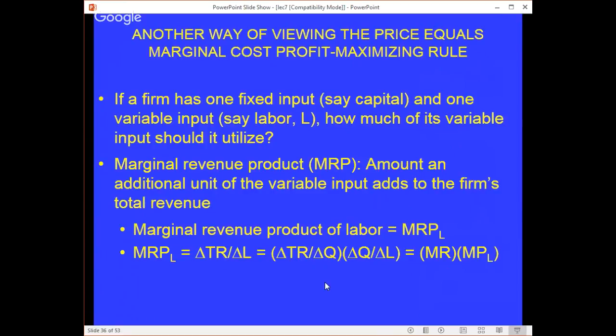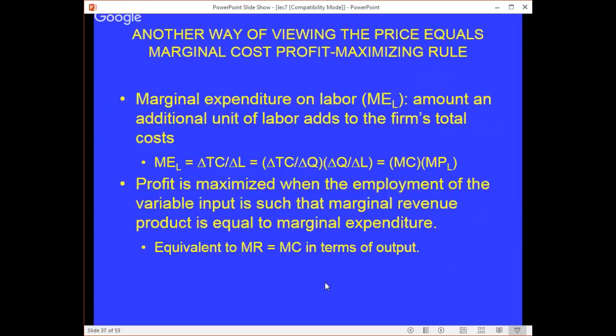In other words, how much extra money do I get from what that guy produces for me? Now, to maximize profits, I want to set that revenue I get from that last unit of input equal to how much I'm spending on that last unit of input.